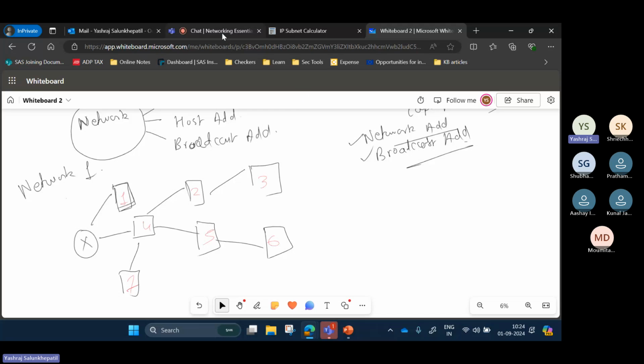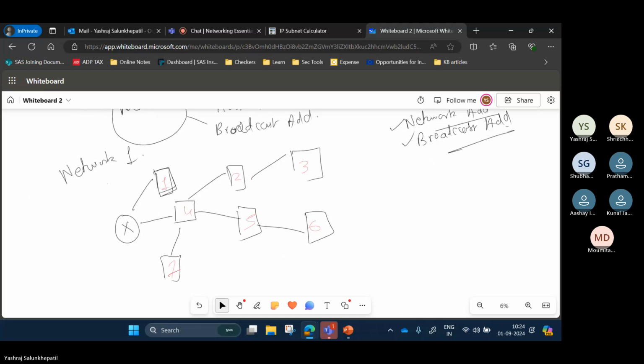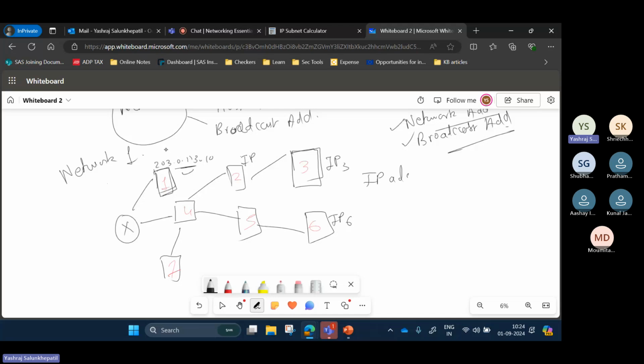I, प्रथमेश, ममिता, दिग्विजय, कुणाल वगैरह, ये सब इससे कनेक्टेड हैं. नाउ इसका जो आईपी एड्रेस होगा, 203.0.113.10 फॉर एग्जांपल, इसका एक आईपी एड्रेस होगा, this will have an IP address, this will have an IP address. So this computer, these laptops, इनके जो IP addresses हैं, they are called host IP addresses.